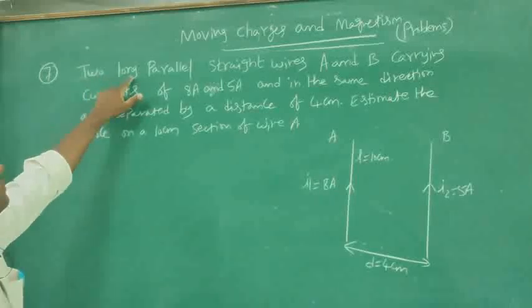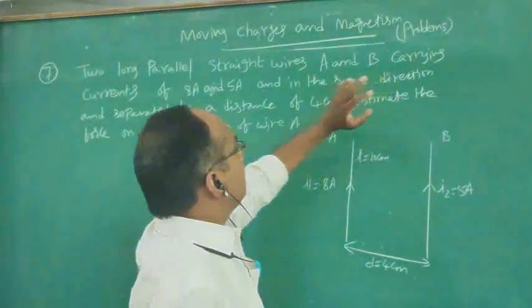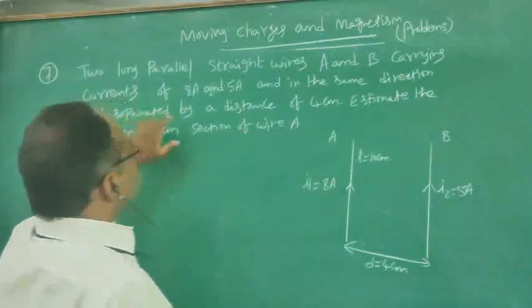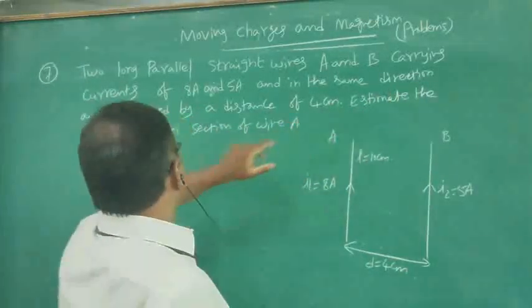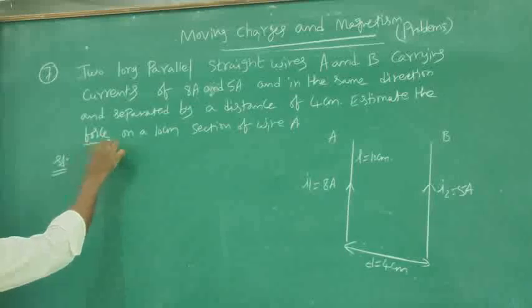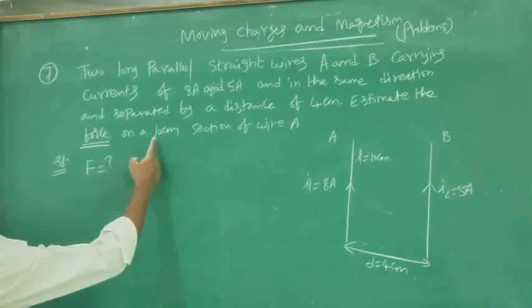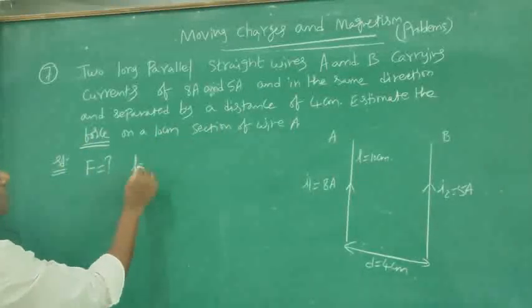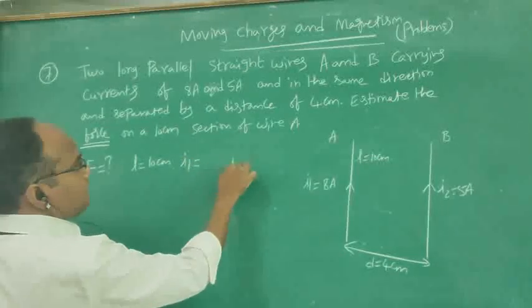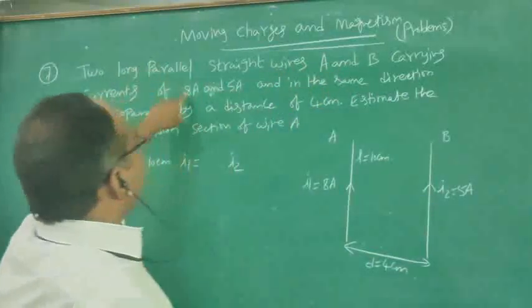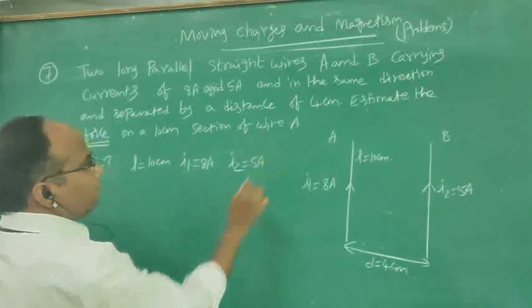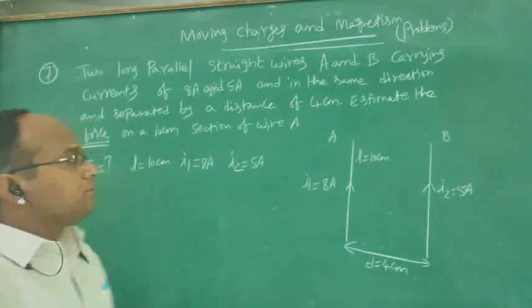Two long straight parallel wires A and B carrying currents of 8 ampere as well as 5 ampere, moving in the same direction, separated by a distance of 4 centimeter, and estimate the force. So the force is equal to question mark, on wire A, and the length L is 10 centimeter. I1 is 8 ampere as well as I2 is 5 ampere, and they are moving in the same direction.